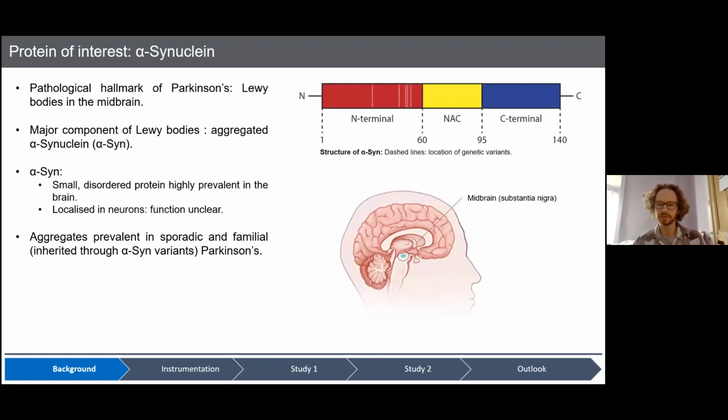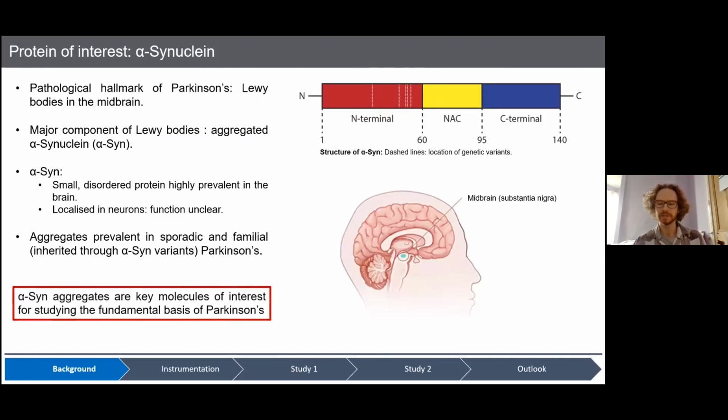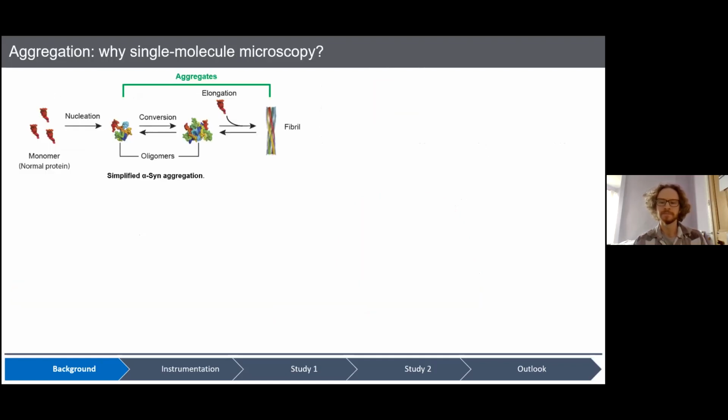This is the basic structure or sequence of alpha-synuclein. The details aren't important for this talk, but for your reference, changes occur in this area of the protein in inherited familial Parkinson's. Notably, aggregated alpha-synuclein is found in both sporadic and inherited Parkinson's, and as such, alpha-synuclein aggregates are key targets of research for studying the fundamental basis of Parkinson's.